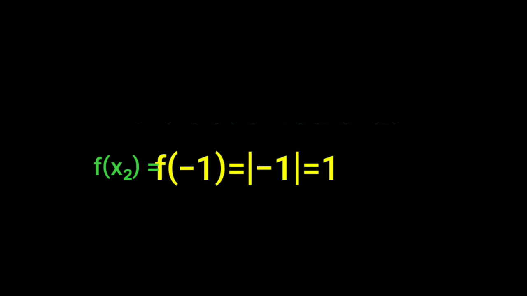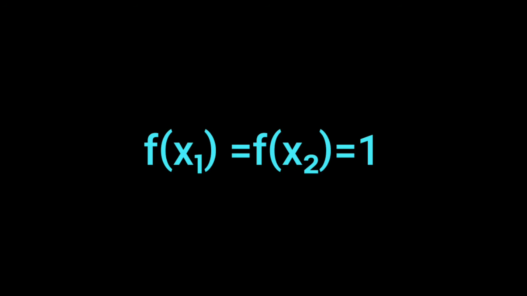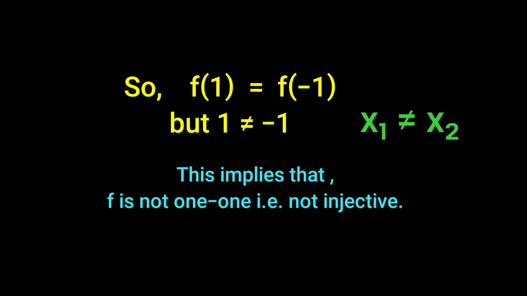Therefore f of x1 equal to f of 1 equal to modulus of 1, which is equal to 1, and f of x2 equal to f of minus 1 equal to modulus of minus 1 equal to 1, which shows that f of x1 equal to f of x2, which is equal to 1, but here x1 is not equal to x2, as 1 cannot be equal to minus 1. This shows that f of x equal to modulus of x is not a one-one function.